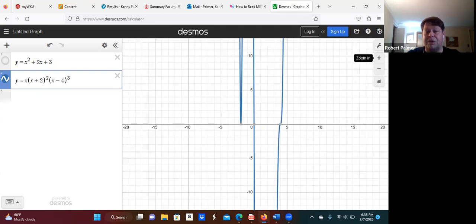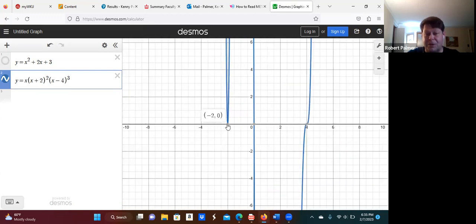But what we're interested in is where it crosses the x-axis. We said we have at least one intercept at -2. But you notice from here, it only happens once. Even though it's a multiplicity of 2, with two factors of x plus 2, it only occurs once. Also with 4, even though it's a multiplicity of 3, it only crosses there once. Then we also have one at 0.